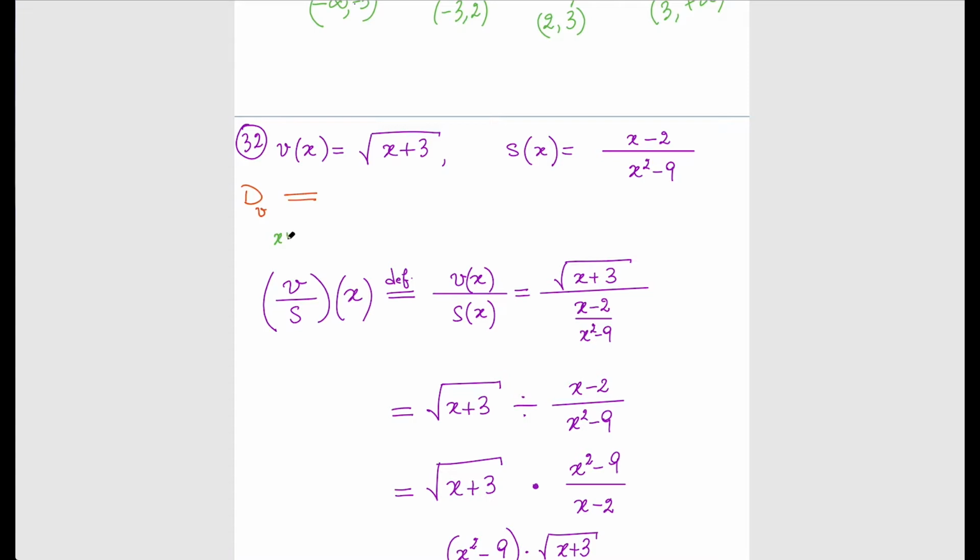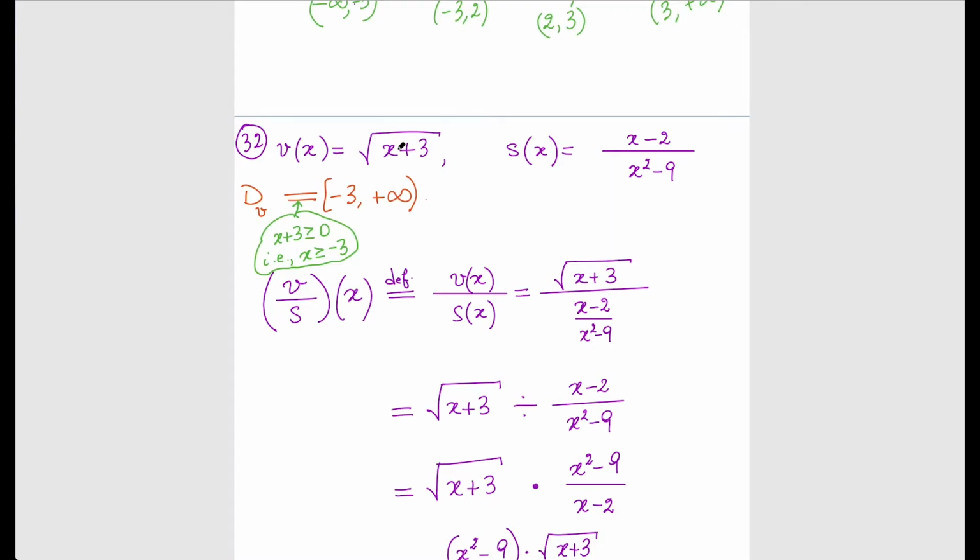So you need x plus 3 to be greater than or equal to 0, which means x is at least -3, right? So all those numbers are going to be part of the domain of v. Collectively they are -3 all the way to plus infinity, correct? So any number that's at least -3 is going to make v of x well defined.